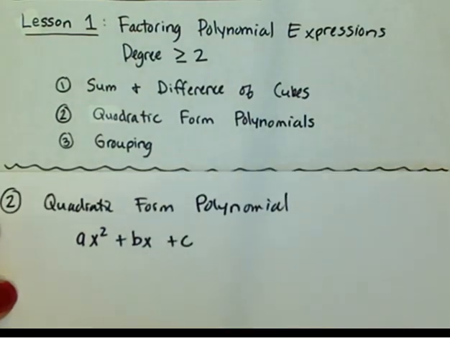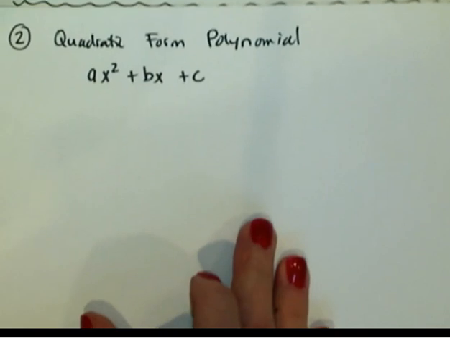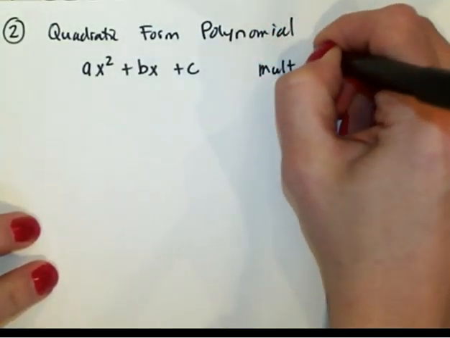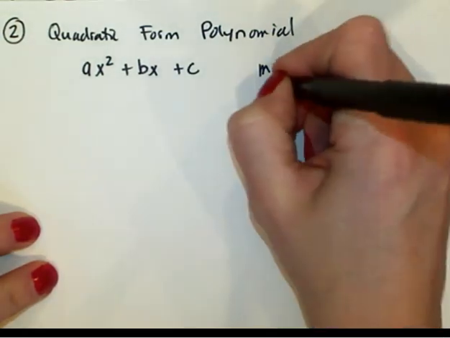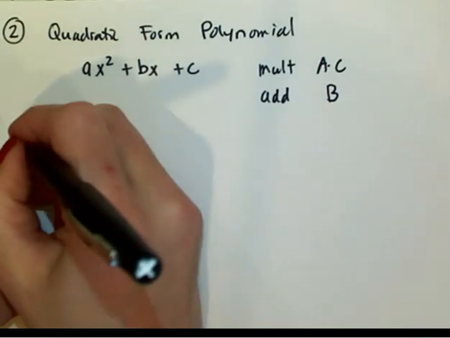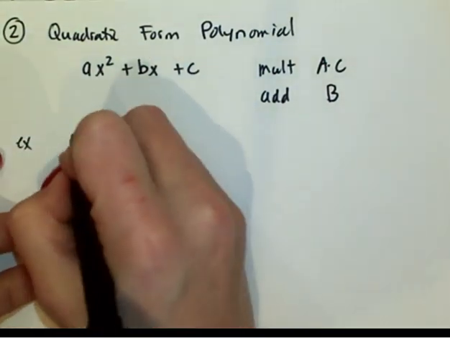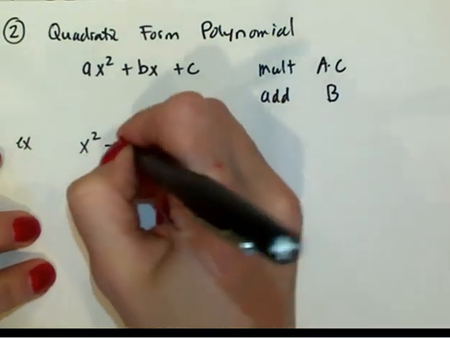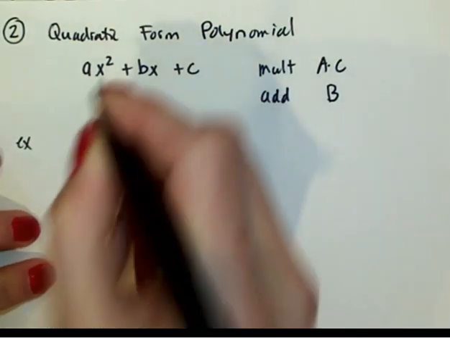Keep in mind that all polynomials of this form factor in what we consider to be a normal way, where you would multiply to ac and you would add to the quantity b. Okay, for example, very simple, x squared minus x minus 6.